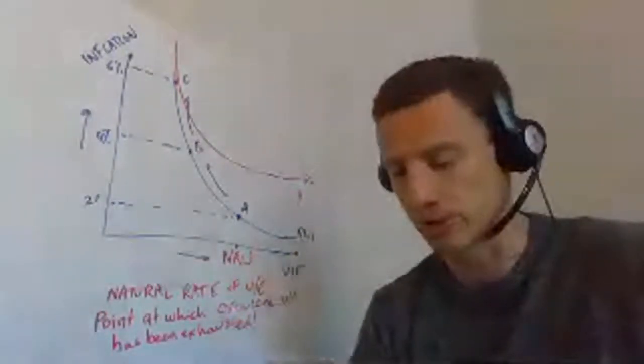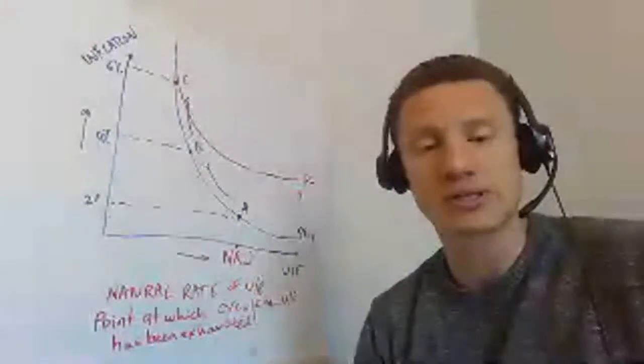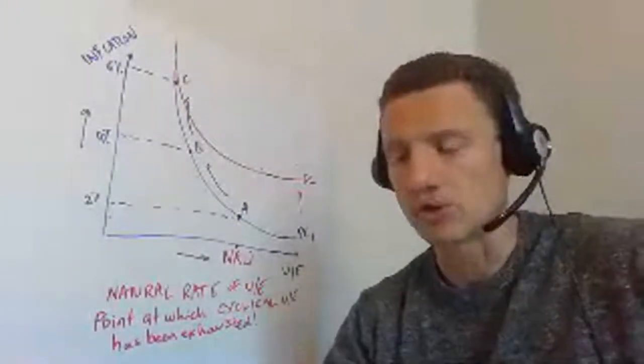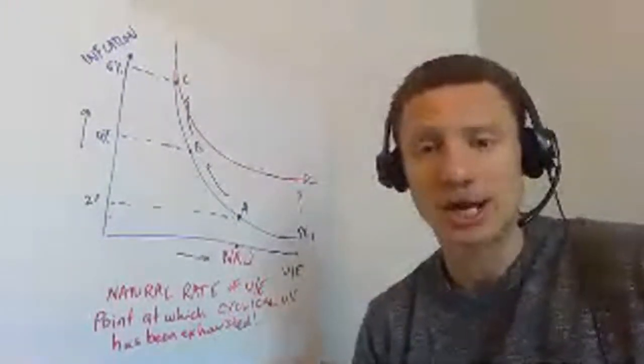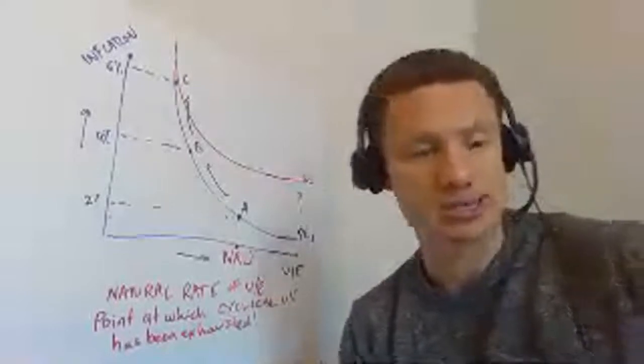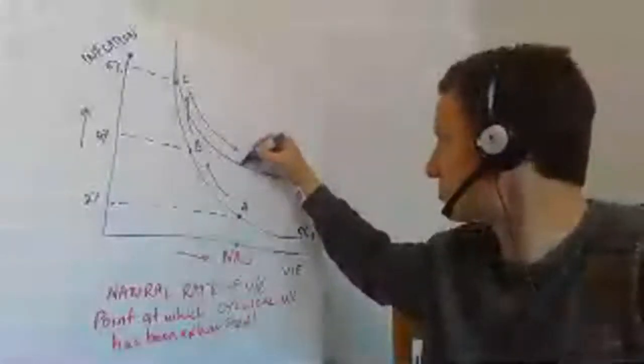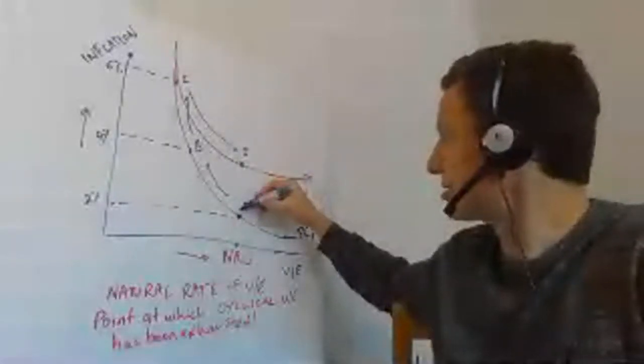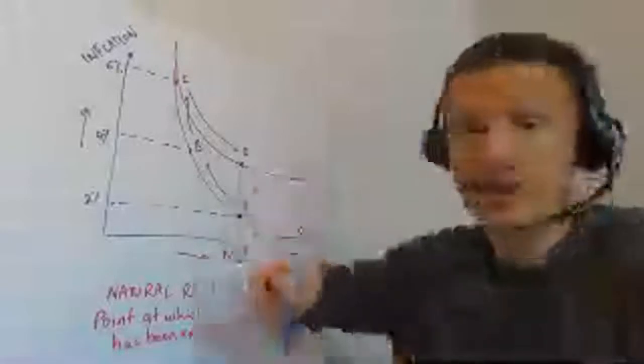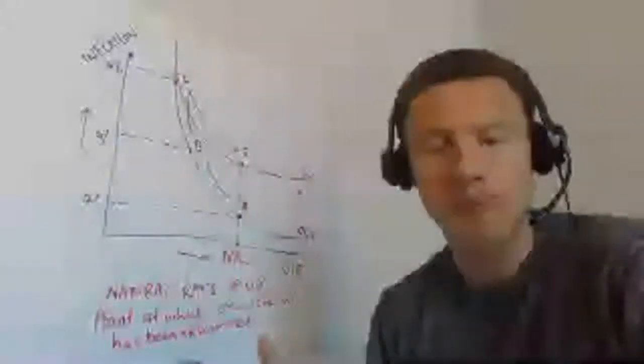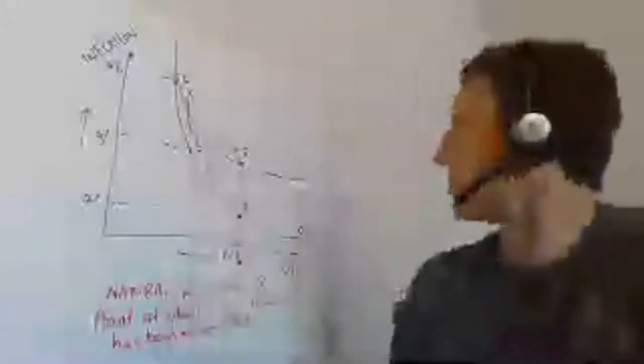And this is the phrase that I want you to use, because expectations have changed about pay increases. And instead of coming back all the way down to point A, we actually end up coming back down to point D. D is at the natural rate of unemployment. We've come back down to the natural rate of unemployment, but at a higher inflation level, at 4%.